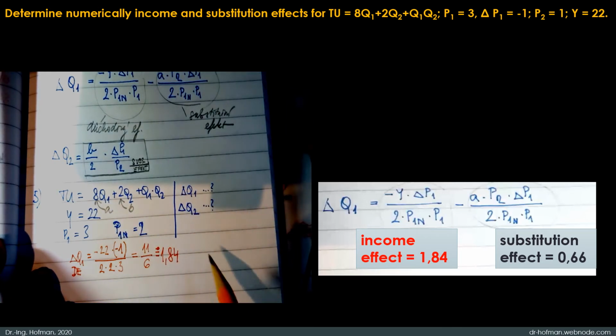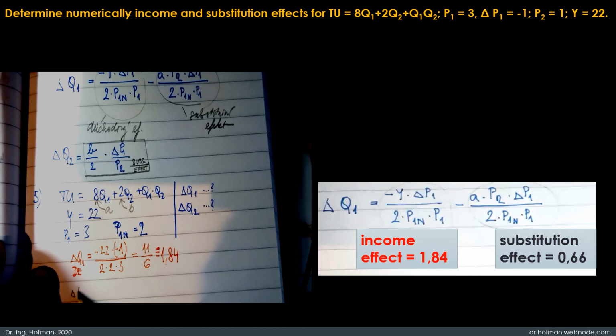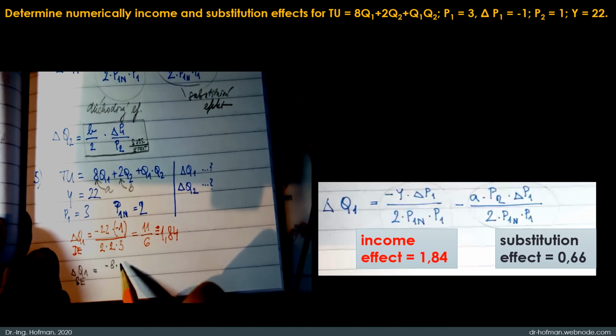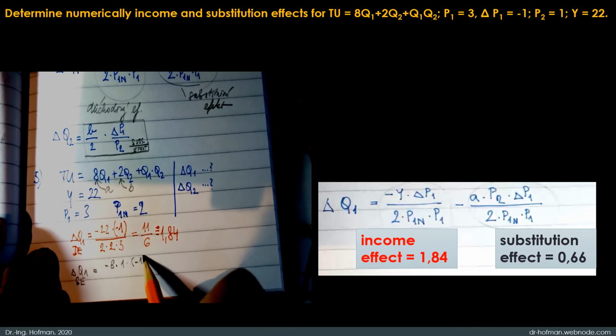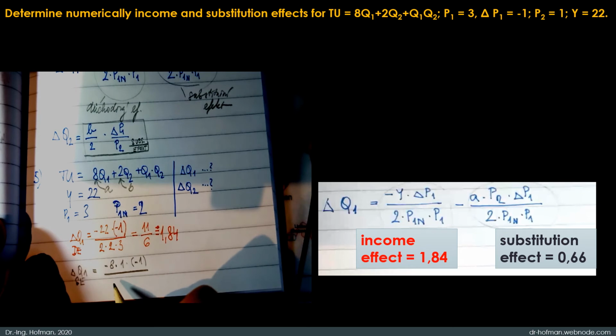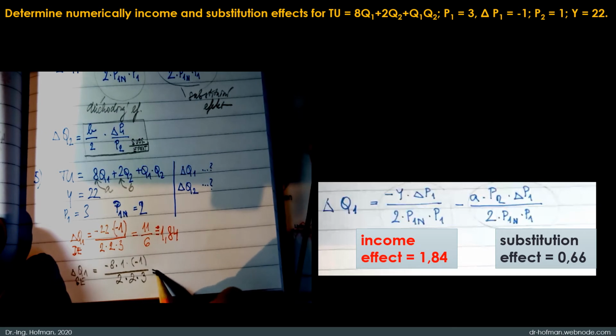which is calculated like A, which is this 8, times P2, price 2 is 1, times delta P1, this change was minus 1, and in the denominator there is 2 times price 1 new, which is 2, times price 1 old, which is 3. After simplification, 2/3, or approximately 0.66.